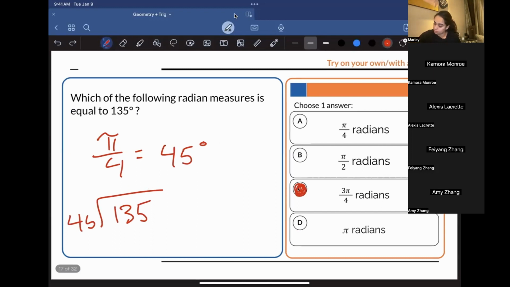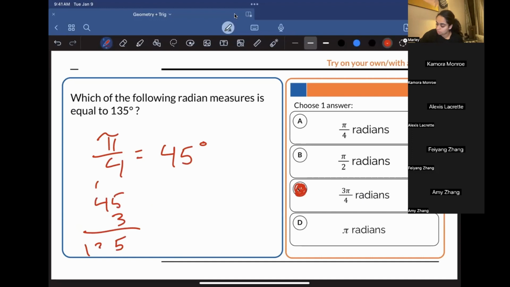That's nicer. So that would be 3 times pi over 4 radians. Either way would work. Anyone have questions?